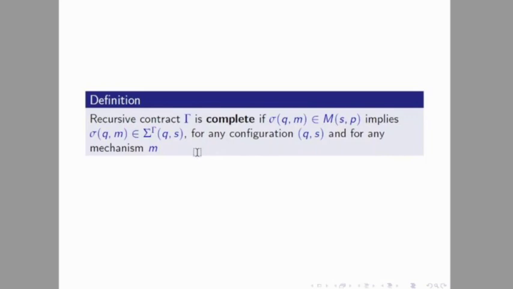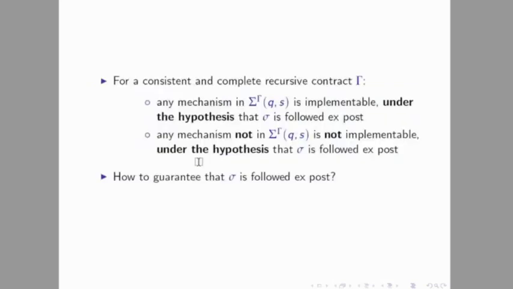That guarantees that the choice set contains all the feasible mechanisms that the mediator could employ. And that's what I mean by completeness of the recursive contract.